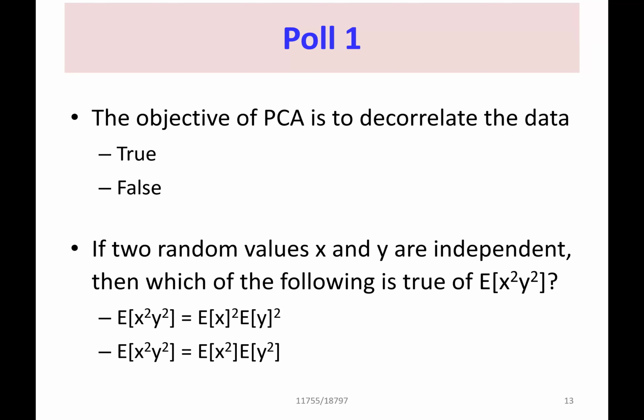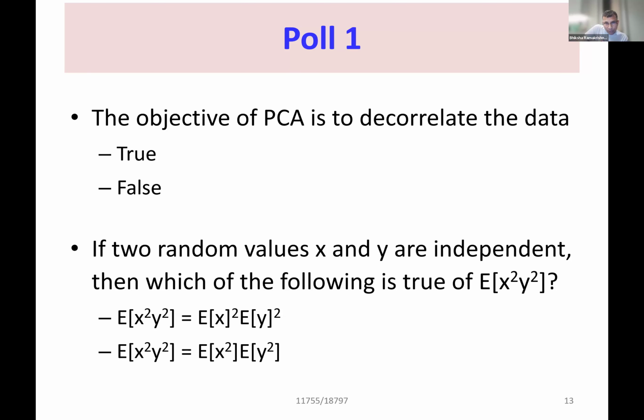It's actually false. Decorrelation is an incidental outcome. The objective of PCA was to project the data onto the principal axis. You want to convert the principal axis of the scatter to the new axis. This has the consequence of making the representation uncorrelated. Why this matters, we will see in a few minutes.